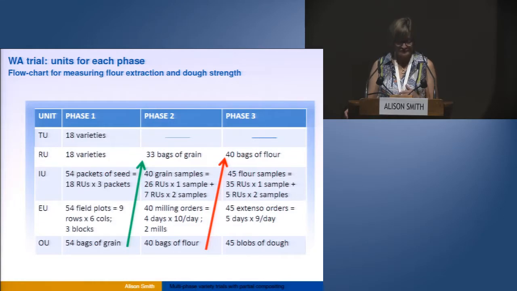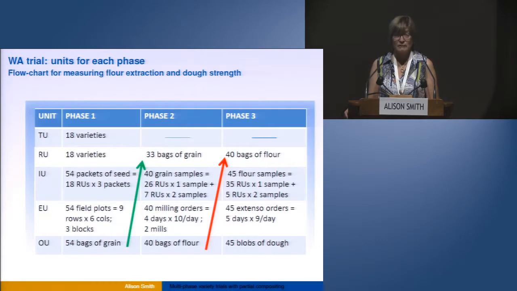So the physical units there are actually the orders of processing. Milling is done sequentially. And we've also got 2 mills in operation. So things like the day, it's going to take 4 days to do this, and the order within a day are important. And at the end of that process, we get 40 bags of flour. They are then taken, follow the red arrow, they go through into phase 3 for the phase 3 testing.